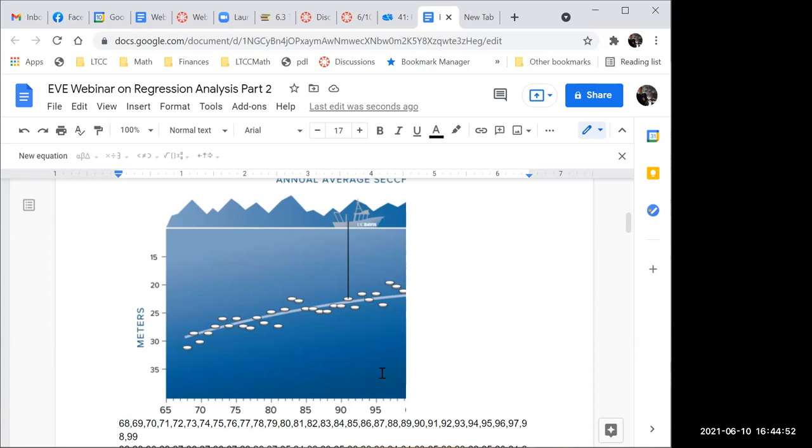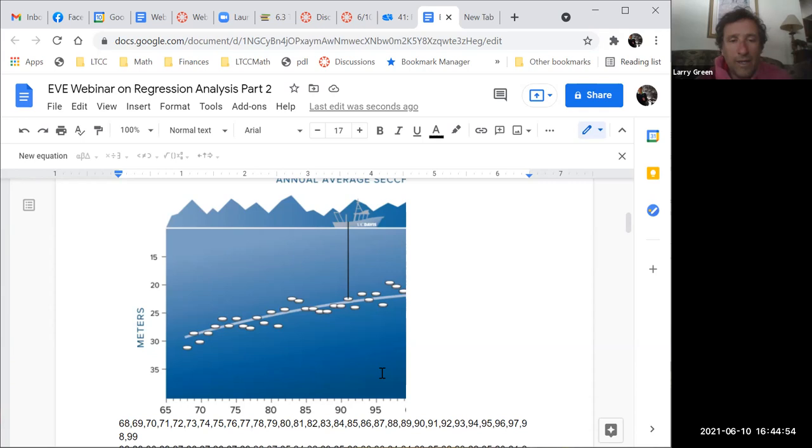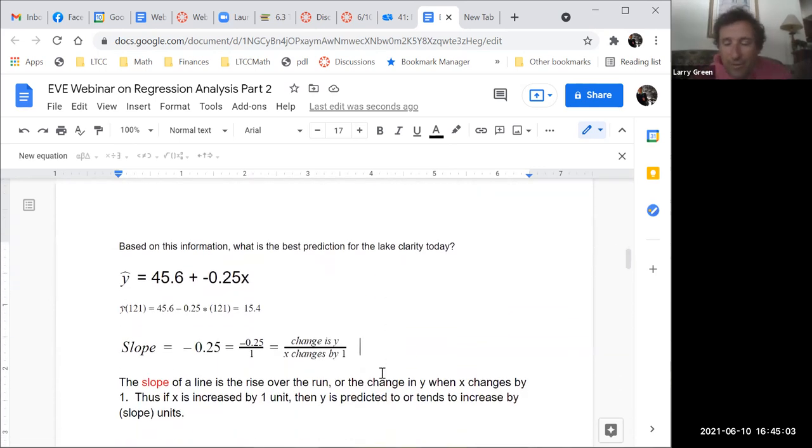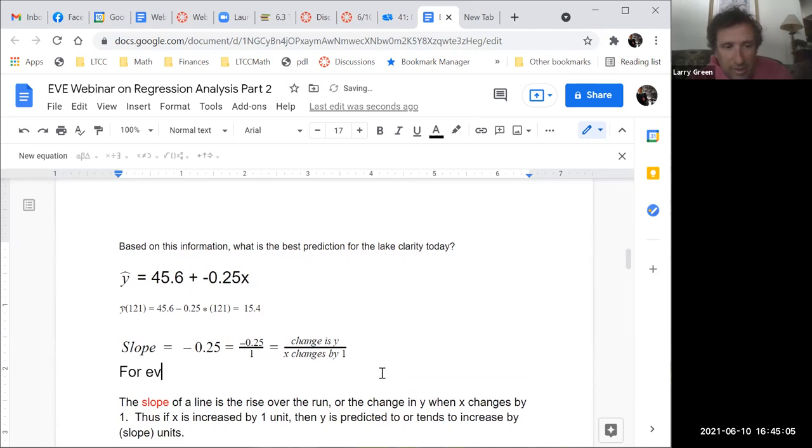Yeah, a year passed, okay? Because that means one more year, because x is the year coordinate. Okay, so what we can say is that for every passing year, you want to take these numbers and make sense out of them by writing down a sentence that describes the slope. So first thing, if x changes by 1, that means for every passing year.